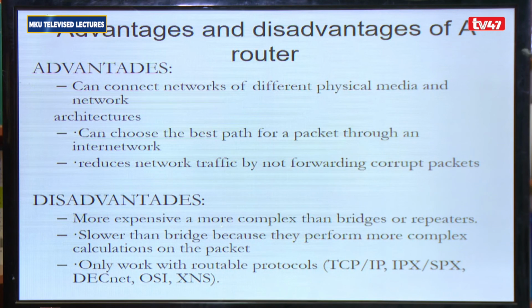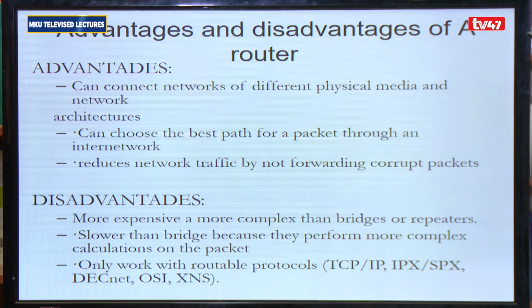Then, if it acts as a router, again, the router has different advantages and disadvantages within the network. But the main advantage of the router is that it can choose the best path, which is the most important because the message will take a lesser time in the transmission media.